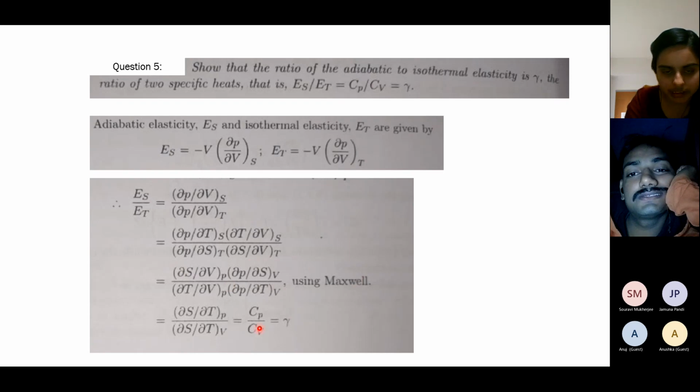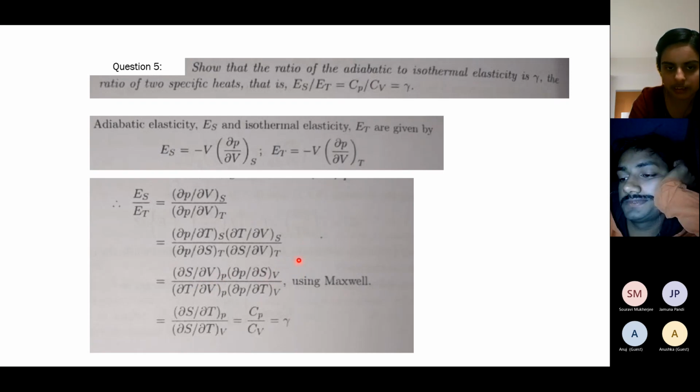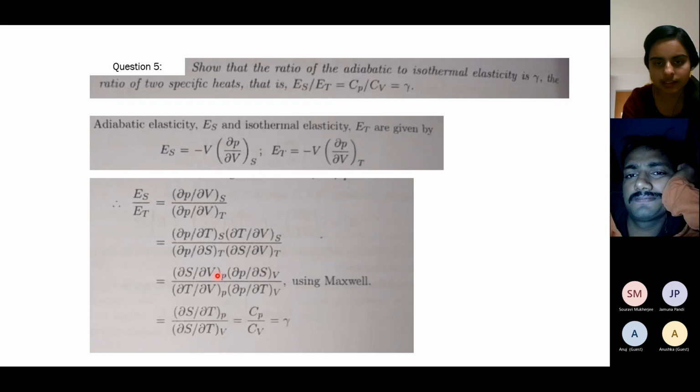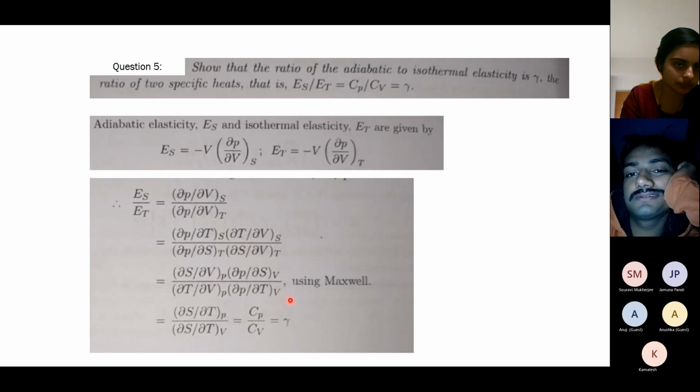And in each of the cases, the constants, like here, it's with respect to pressure being constant. Here, it's with respect to volume being constant. Now, the next term should have entropy being constant, right? But we don't have any such term here. So it's not coming from cyclic relations, but it's quite simple. If you just look at this expression, there's something common between these four terms, the two on the top and the two in the denominator.